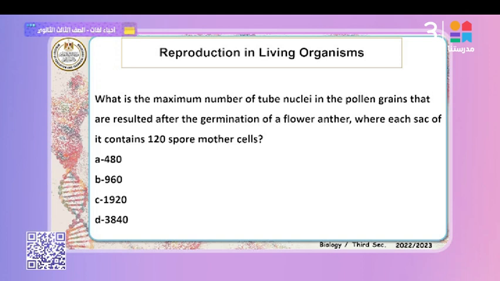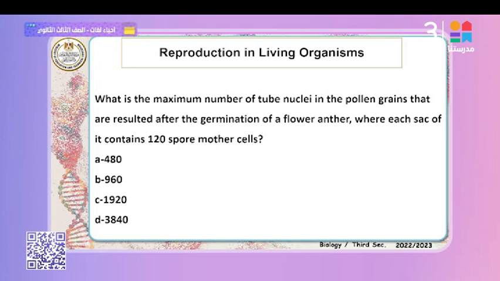So the largest number is with 120 spore mother cells. Spore mother cells, 120 by 4 equals 480. Then 480 by 4 finally equals 1,920.